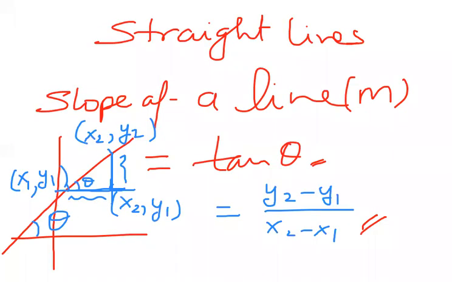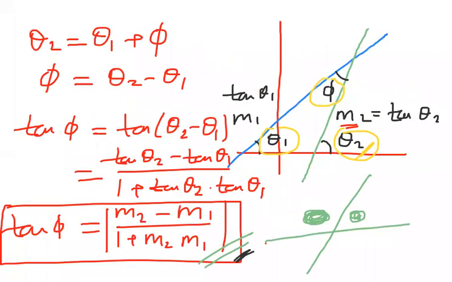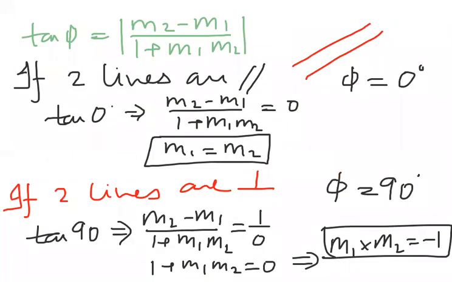Like see, this was one of the identities, the slope of the line. Then the angle between two lines. This is also a particular formula or identity. Then special cases: parallel lines will have equal slopes and perpendicular lines will have the product of slopes as minus 1.